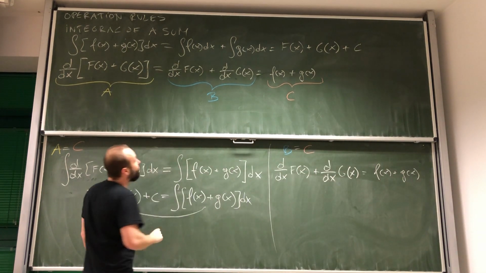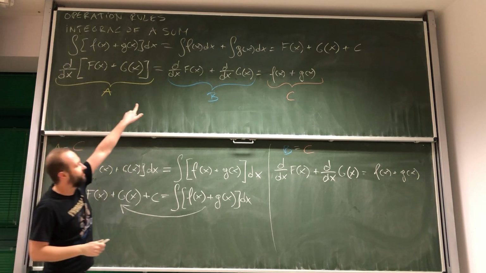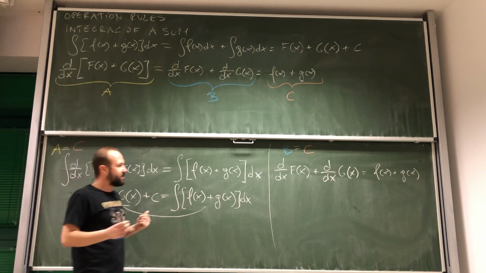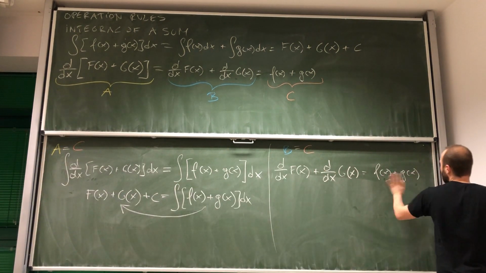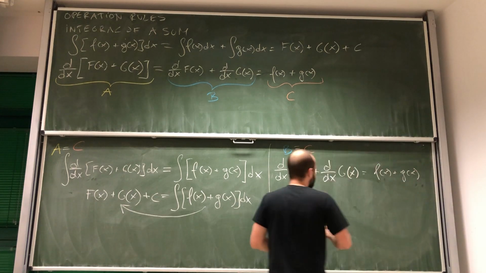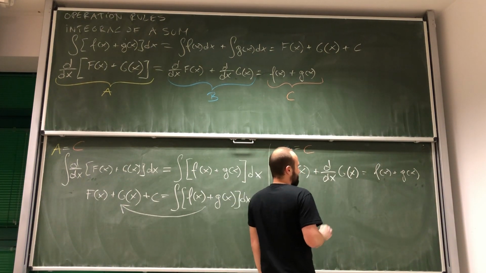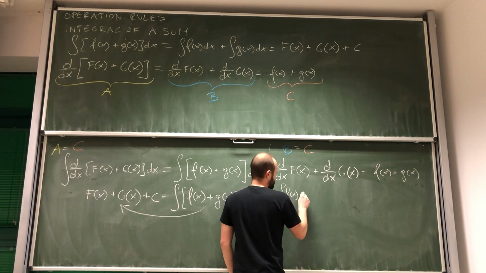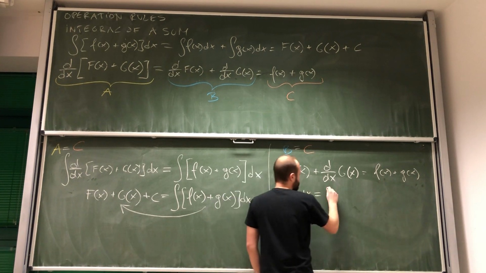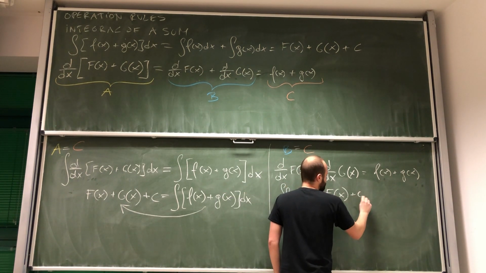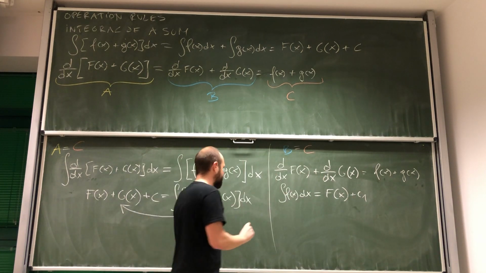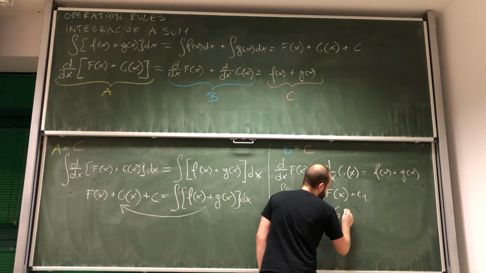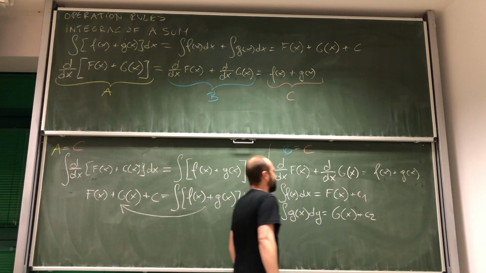Now, what we want to get is what we have there in the middle, right? So maybe let's start by integrating all those expressions on the left hand side separately. I should get that the integral of f of x dx is equal to F of x plus some, let's call it c1. Then, if I integrate g of x, I'm going to get G of x plus some c2.